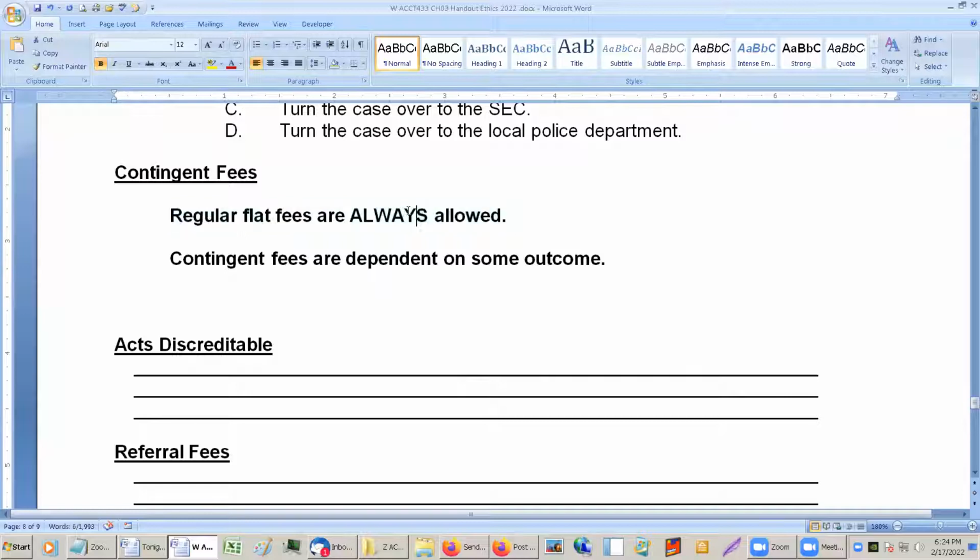Regular flat fees are always allowed. So if you say you're going to do this for $10,000, you can do it for $10,000. That's always allowed. Contingent fees are contingent upon some outcome.